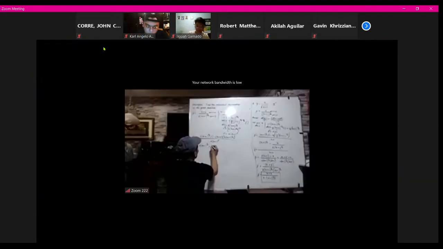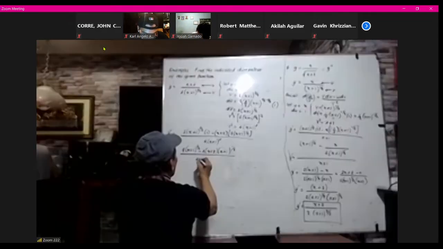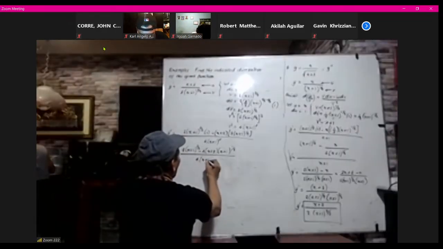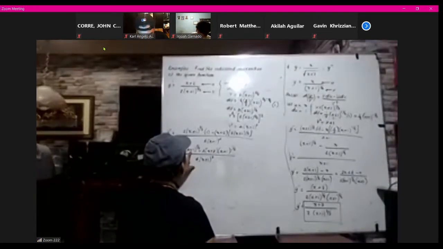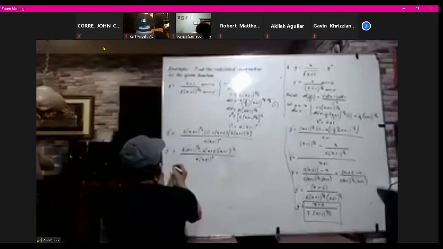Then minus x plus 2 multiplied by, o ilabas natin ito, ilagay natin minus 3, then multiplied by x plus 1 raised to 1 half, all over 4 times x plus 1 raised to 3. Ayan. So dito pwede tayo mag-factor. Ang common factor natin ay x plus 1 raised to 1 half.